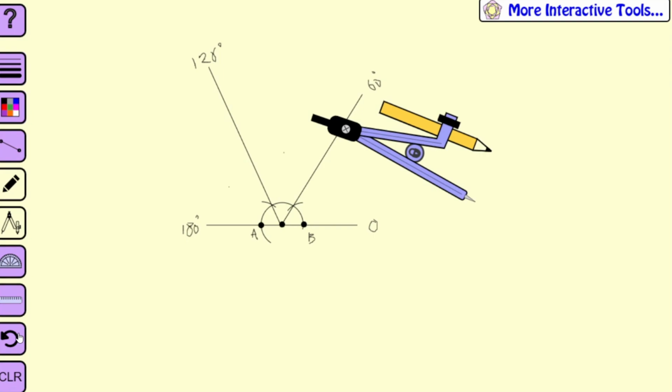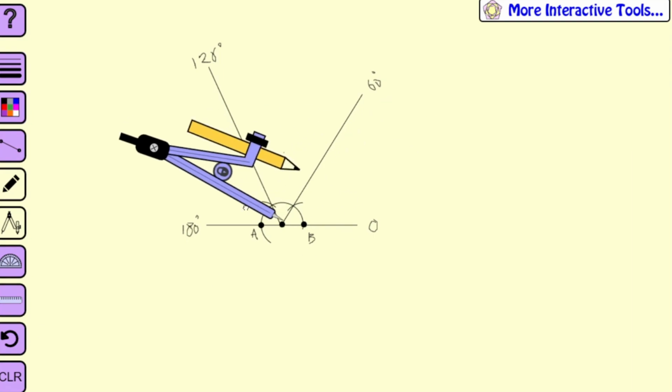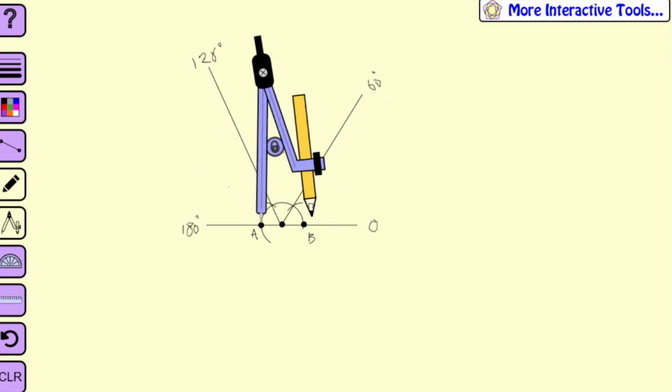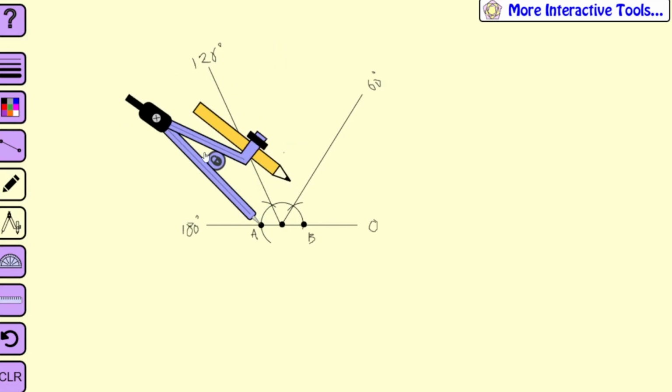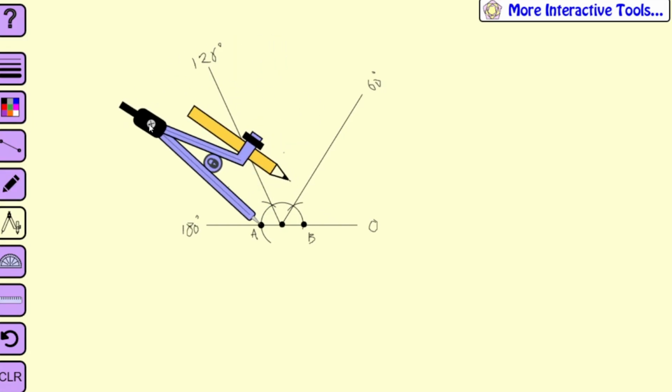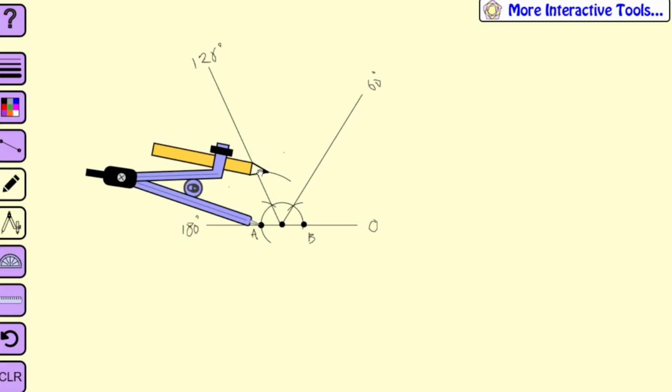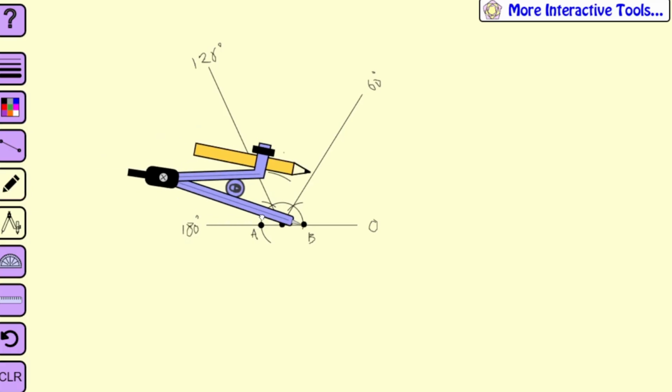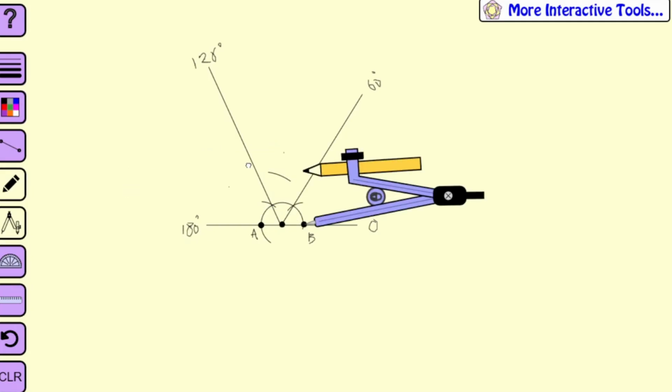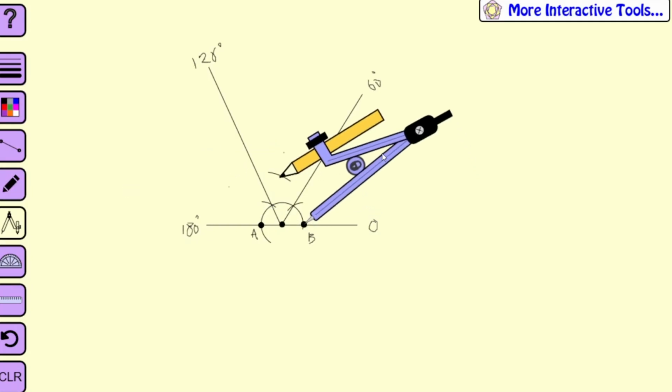So let's repeat method 1 again. Method 1, you put your point at A, ensure that it's open to pass B, so you don't draw within the semicircle. Above at the top, you scribe an arc. Place your point at B, and you scribe and cut.